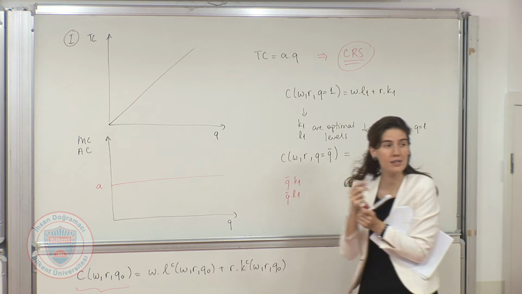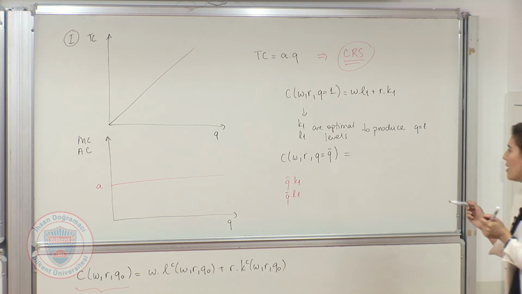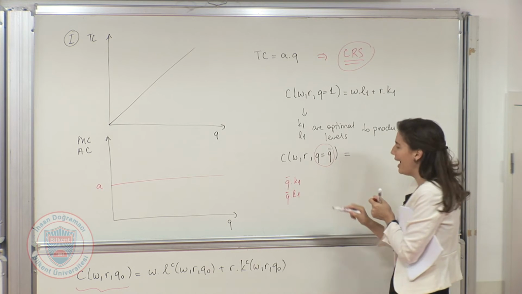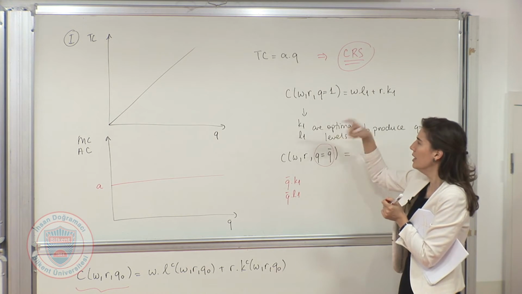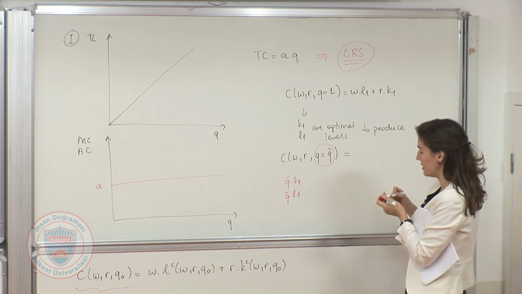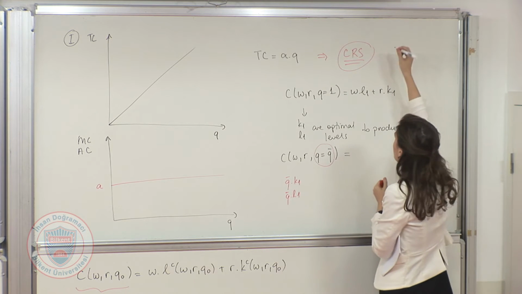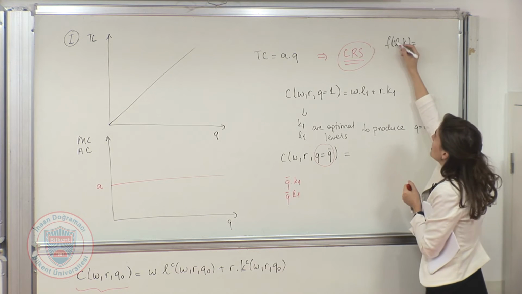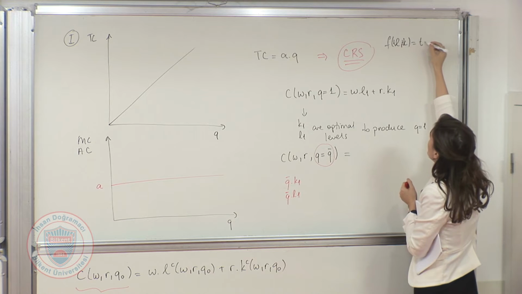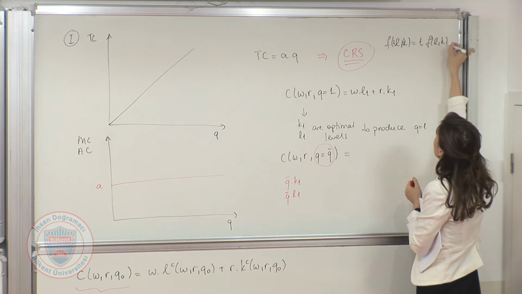So if there is constant returns to scale, and if I want to produce this much, I know that I can use Q bar times K1, Q bar times L1, because if there is constant returns to scale, then I have this F of LK, right? So basically F of TL, TK is T times F of LK.